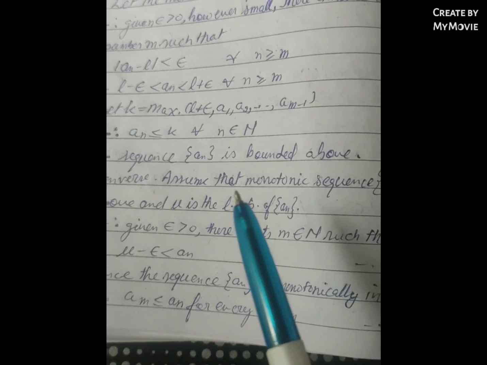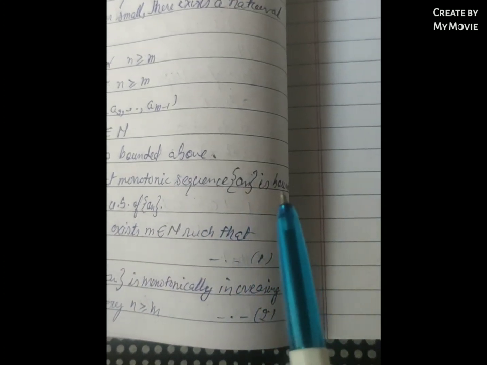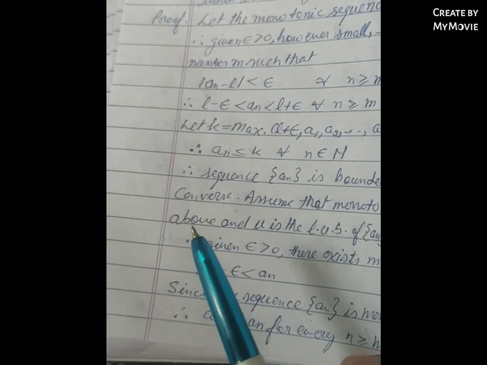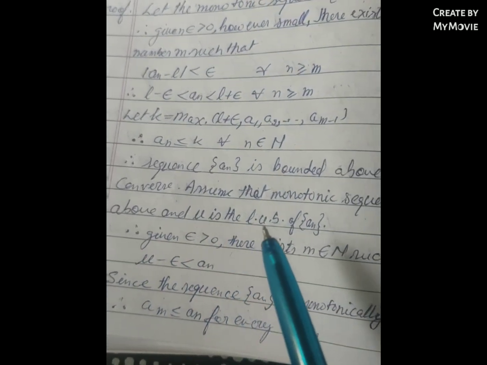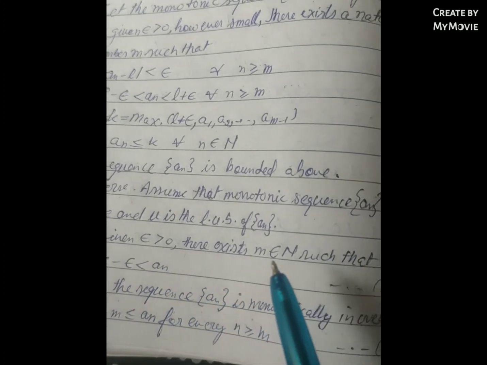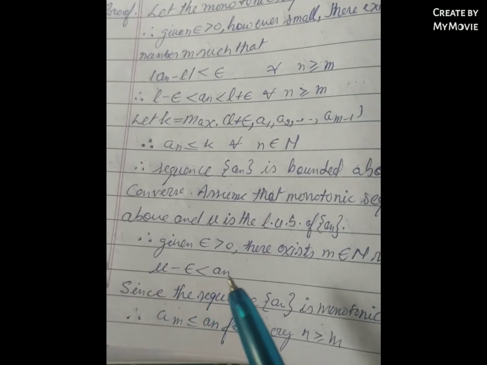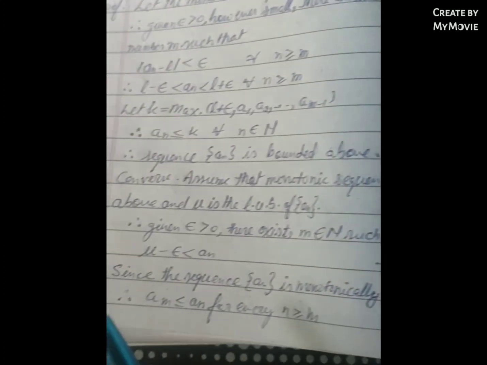Converse. Assume that the monotonically increasing sequence a_n is bounded above and u is the least upper bound of a_n. So given epsilon greater than 0, there exists m belonging to N such that u minus epsilon is less than a_m. This is equation 1.